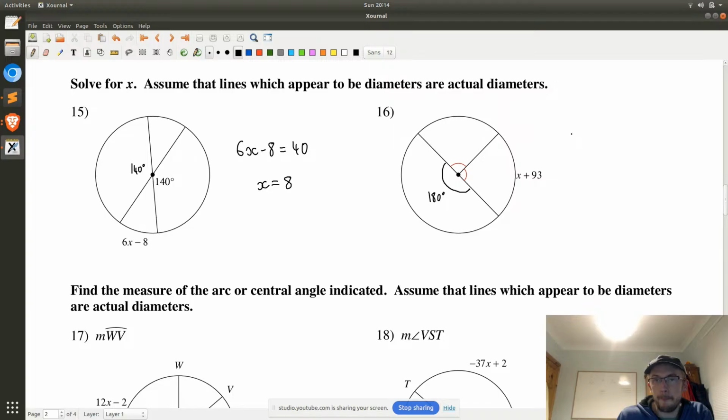Now, the remaining 180 is partitioned into, well, this here would be 180 minus that, which would be 87 plus x. I think x is simply 0.